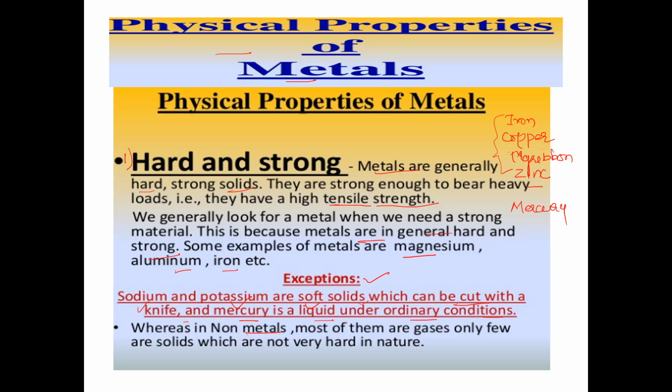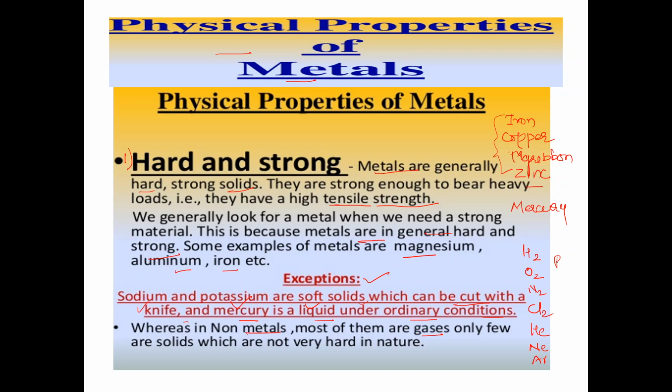Whereas non-metals, most of them are gases. Hydrogen, oxygen, nitrogen, chlorine, they are all gases. Helium, noble gases which are present in air, helium, neon, argon, all are gases. Most of them are gases, only few are liquids.